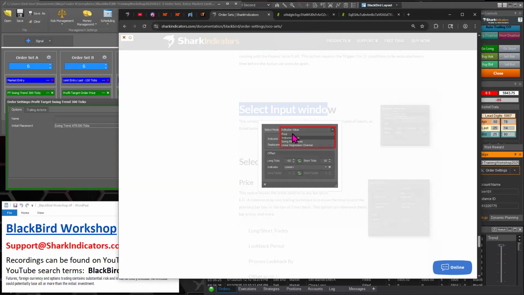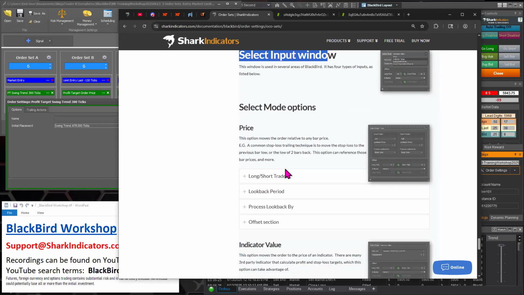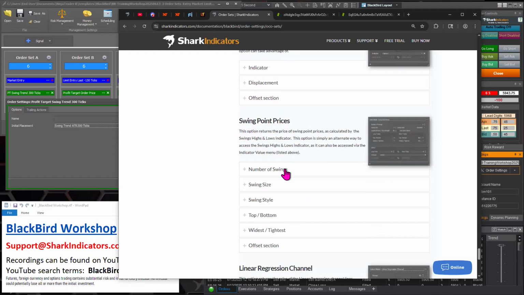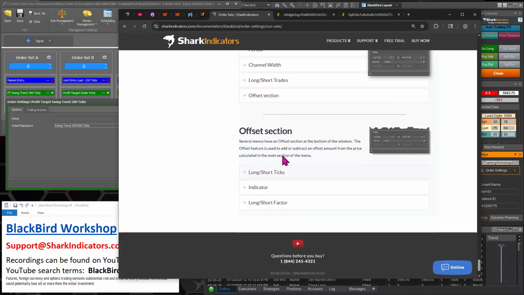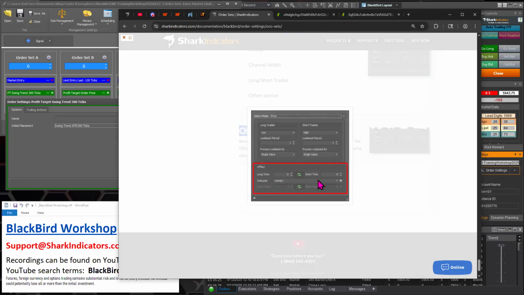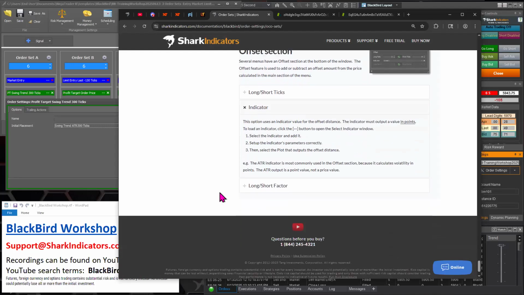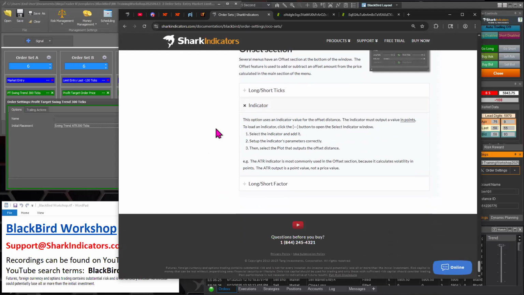So you can either select price, indicator value, whatnot. So down here at the bottom of the page, we're going to keep going down to the offset section. So here you go. The offset section is the bottom half of this menu here. So in the offset section, open up indicator, and there is an explanation there.